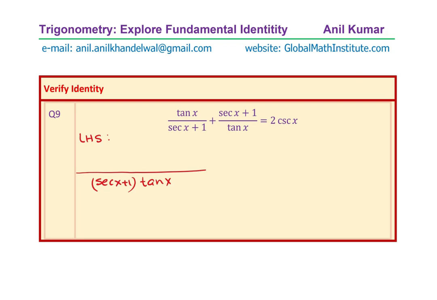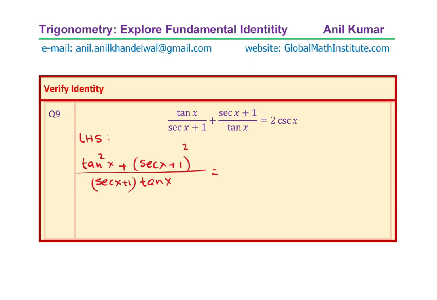And then we could do the numerator, which is tan square x plus secant x plus 1 whole square, right? You can actually multiply them and simplify.